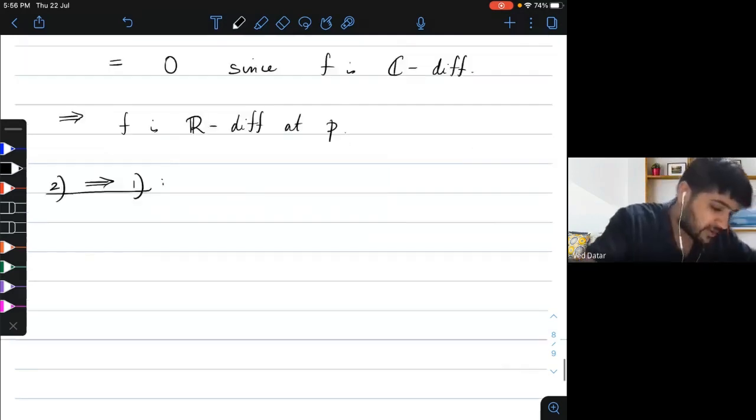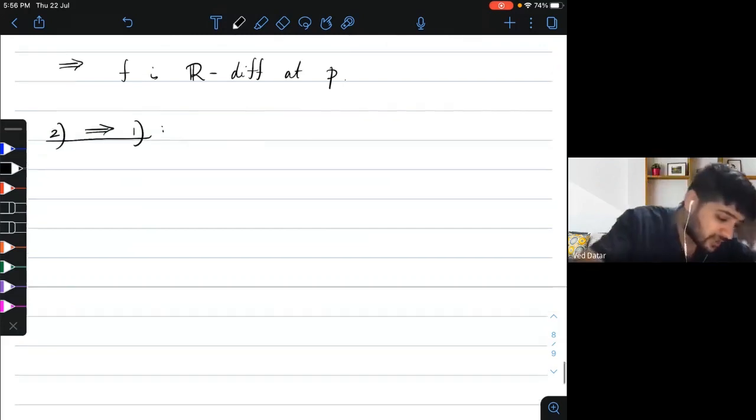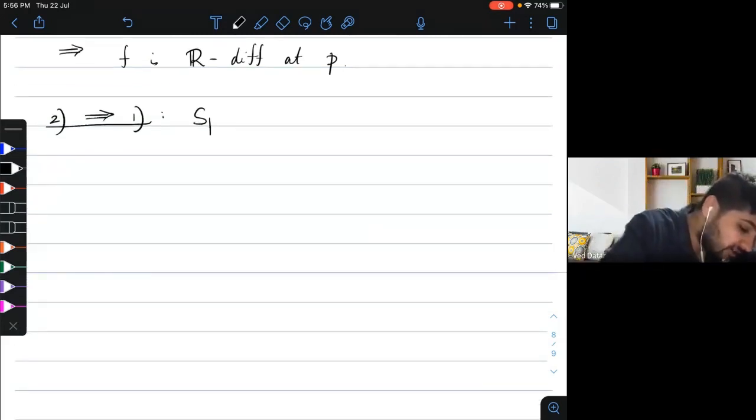Okay, so for the converse, we are assuming that f is R-differentiable at this point P, and u and v satisfy the Cauchy-Riemann equations.